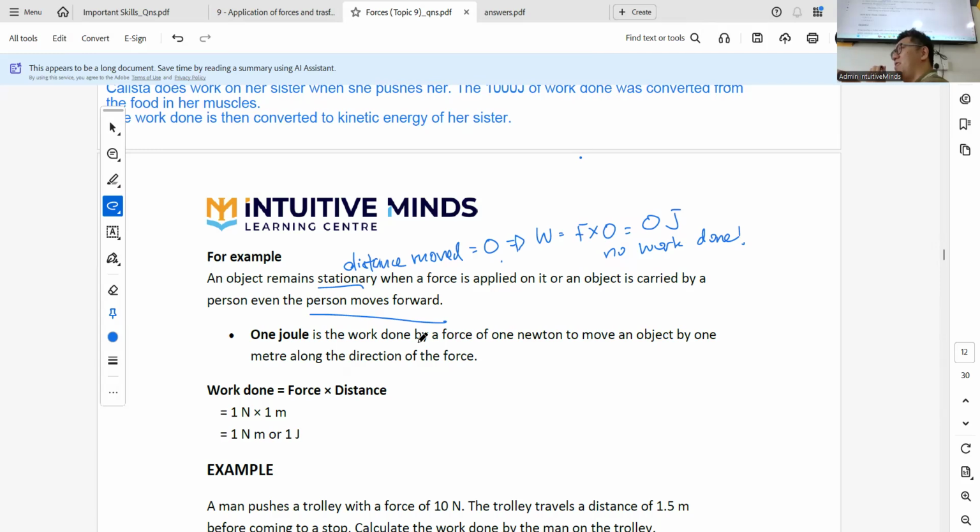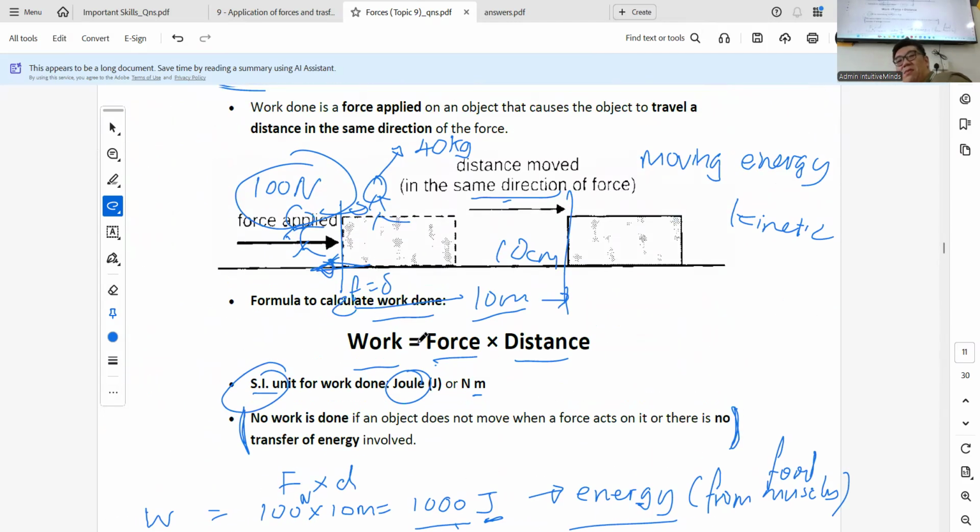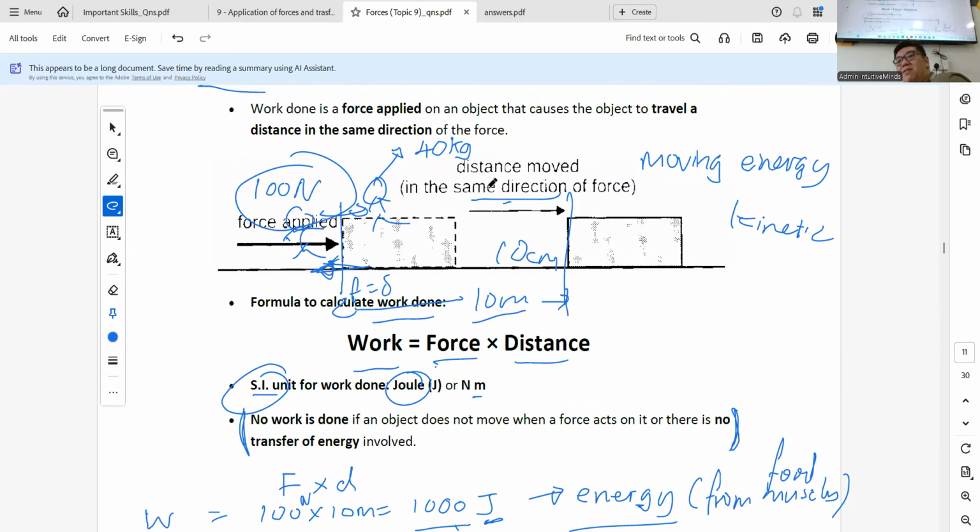If the distance is here, the force is up. Is that work done? There is no work done. Because work done must be moved in the same direction as the force. If my force is up and I'm moving towards the right or your left, then there is no work done. So that's crucial.